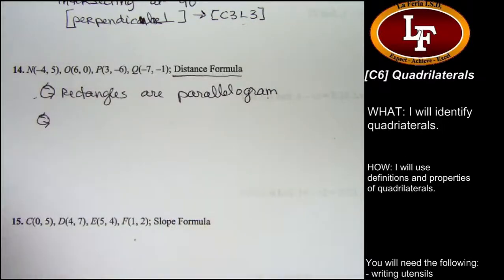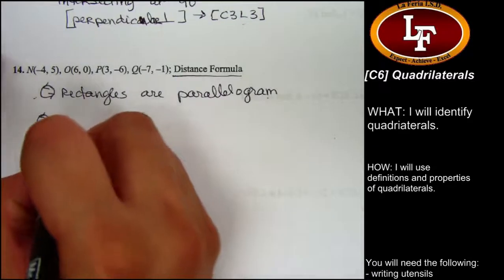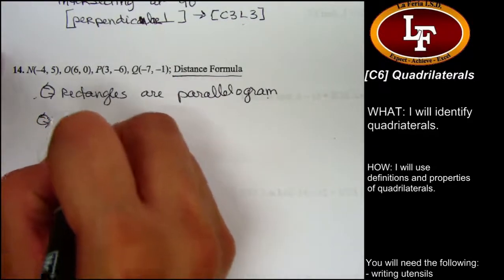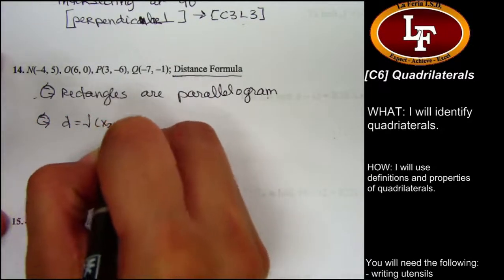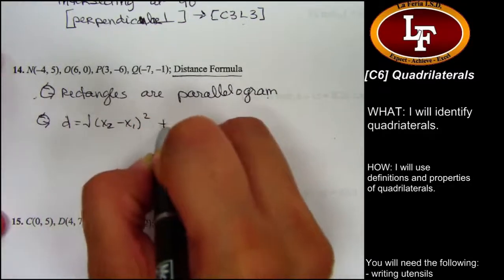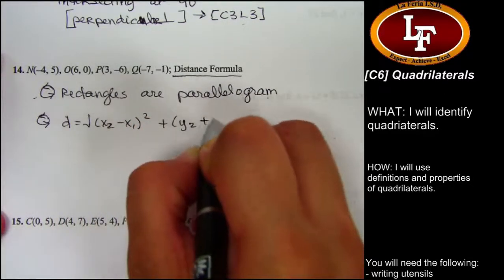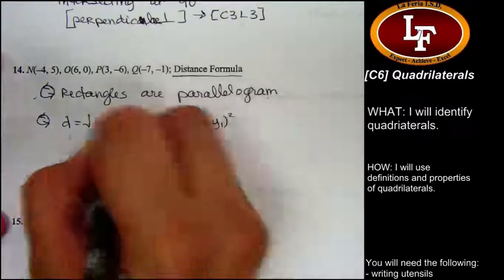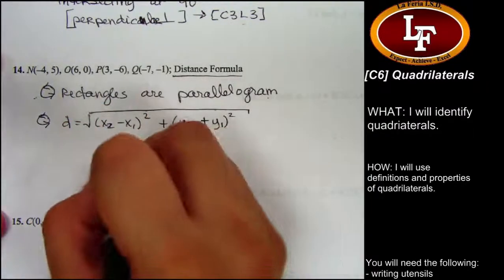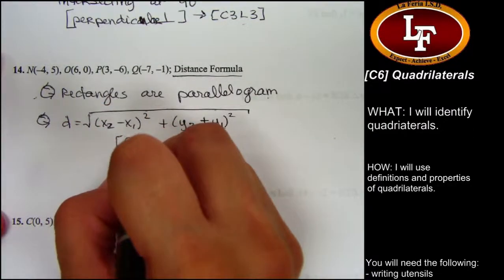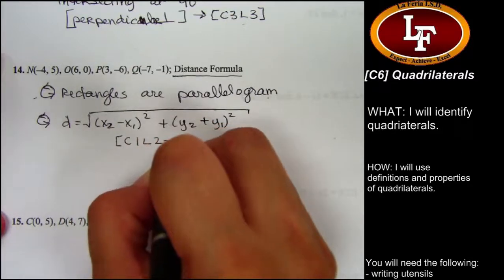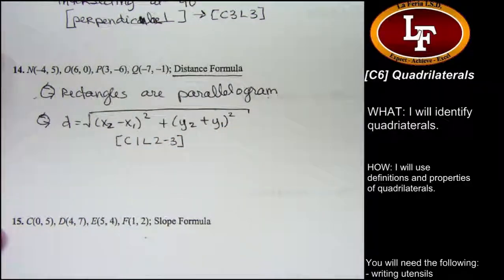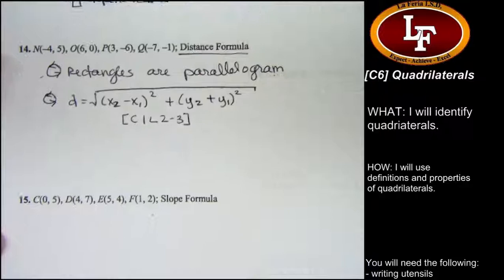Once you've recalled which property of parallelograms you're going to be using, please recall what the distance formula is. Here it is written on screen. And if you need help with how to use it, I will encourage you to go back and look at Chapter 1, Lessons 2 and 3. Again, link on screen for that on how to use the distance formula.